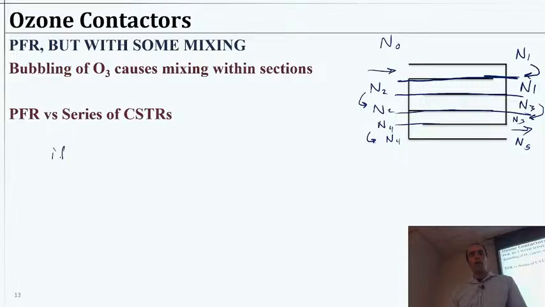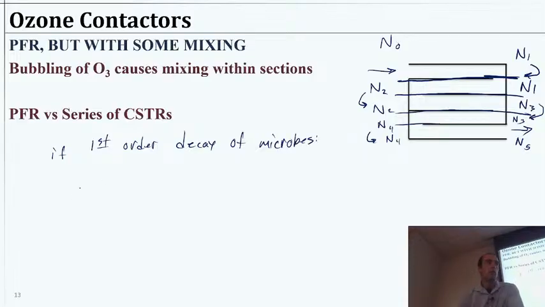So if we have, let's say, first order decay of the microbes, that's our Chick-Watson kinetics, then our equation for this, if it's ideal CSTRs that we're using as modeling, if we take a look at N1 over N0, that should be 1 over 1 plus tau K. We're going to use K star because that will include the specific lethality with the ozone concentration.